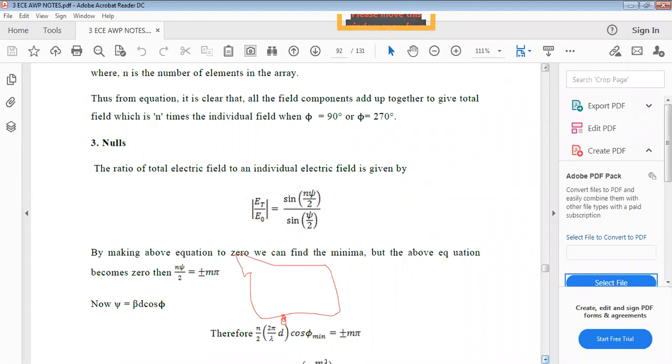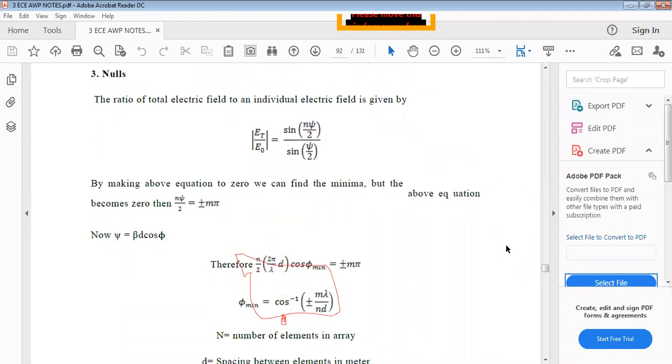Psi equals beta d cos phi, so in that same expression n by 2, psi is replaced with beta d cos phi. Beta is nothing but 2 pi by lambda, which you already know is the wave number. So beta d cos phi at minimum, equate to plus or minus m pi. From that we will find the phi minimum value.